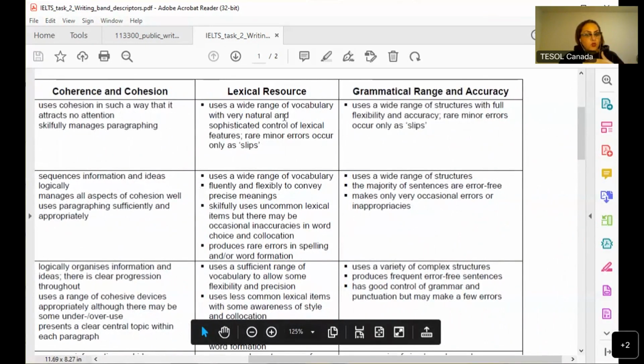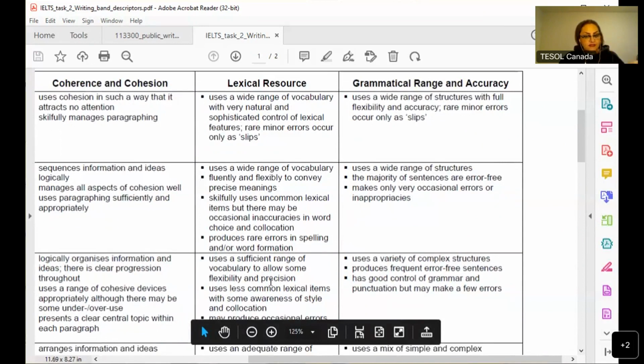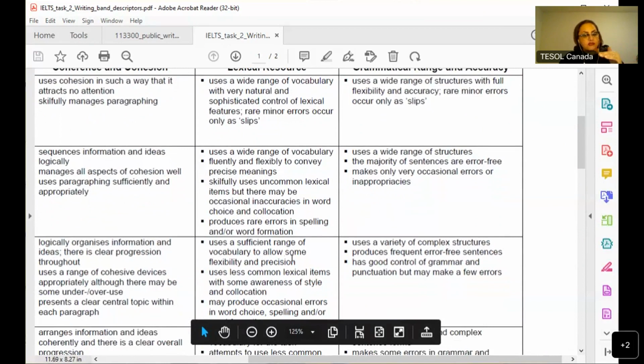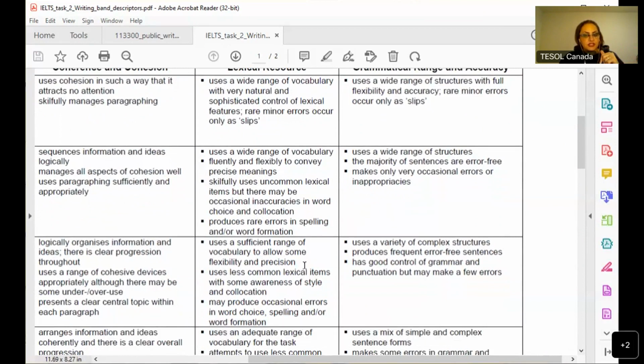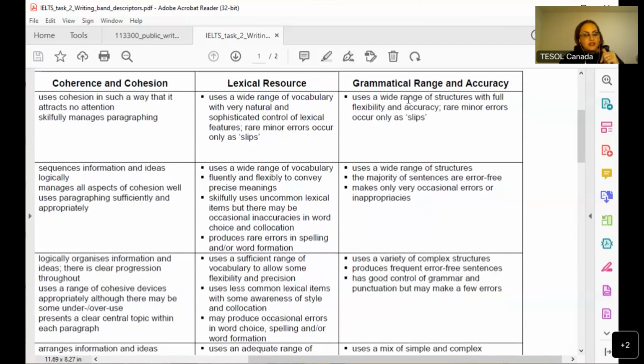Lexical resource for 9 uses a wide range of vocabulary and very natural. For 7 uses a sufficient range of vocabulary to allow some flexibility and precision. And grammatical range for 9 uses a wide range of structures with full flexibility and accuracy, and rare minor errors.